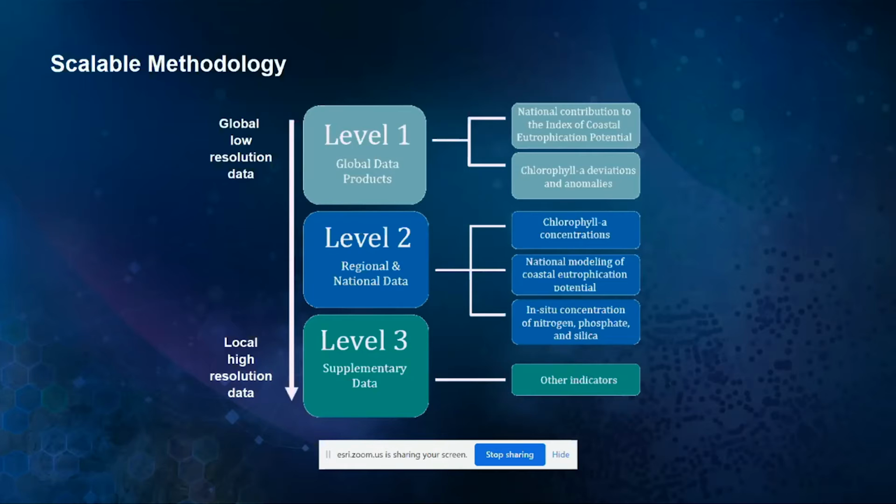One that is looking at national contributions to the index of coastal eutrophication potential. And then the ones that are using satellite data are looking at sub-indicators for chlorophyll deviations and anomalies.